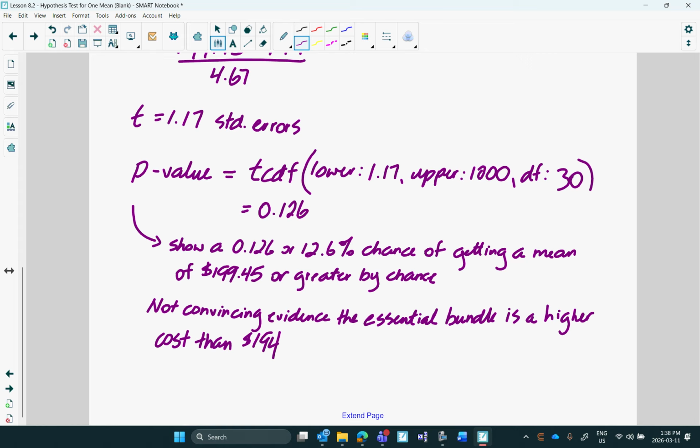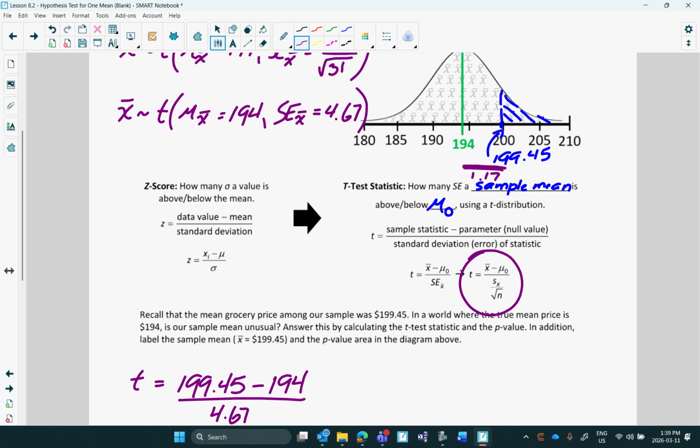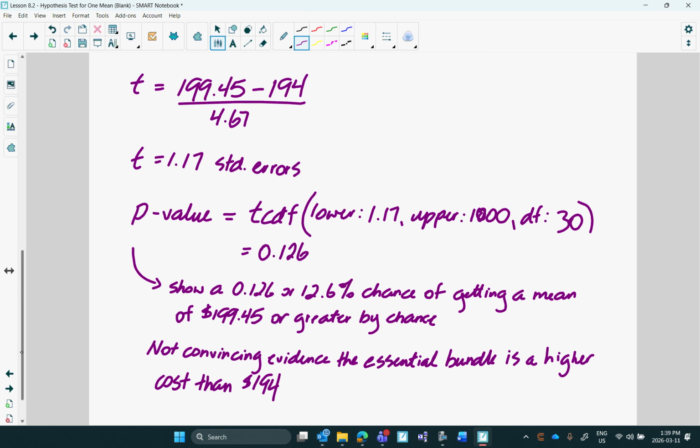Oh, sorry, that's 1,000. Yeah, remember we just choose a big number like 1,000 or 10,000. Like here's 210, 1,000 is way out here, right? But the area of this little tail way out here is really, really small. Okay? But we do want to cover it.